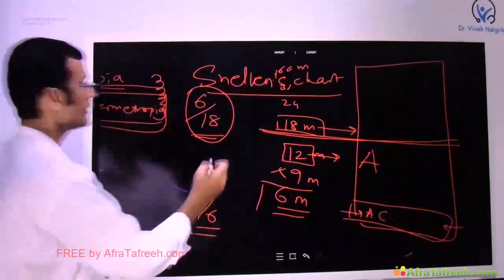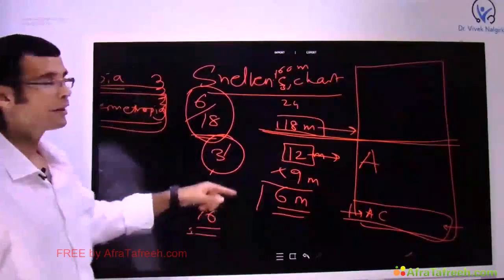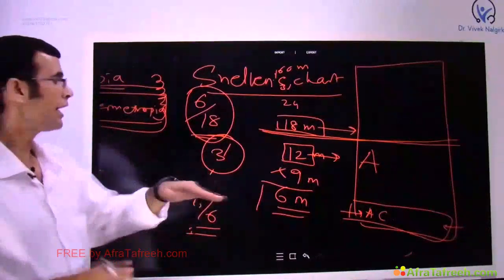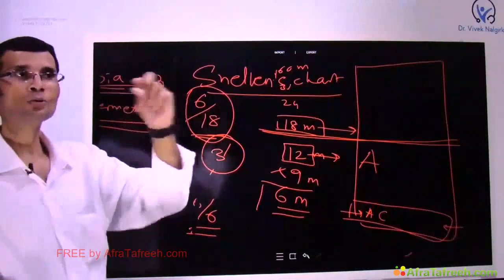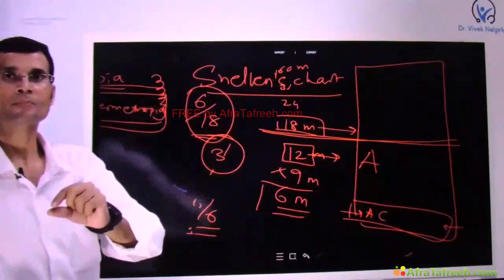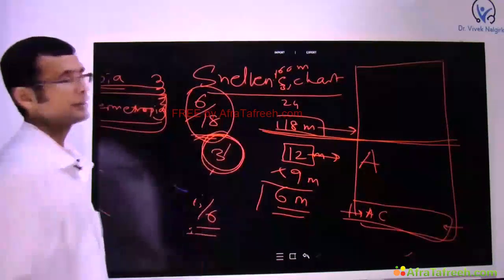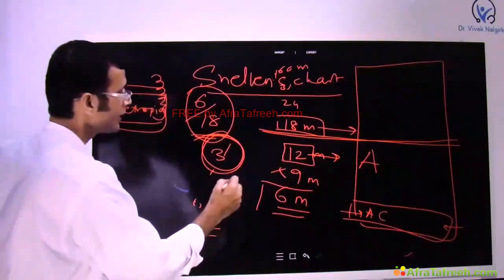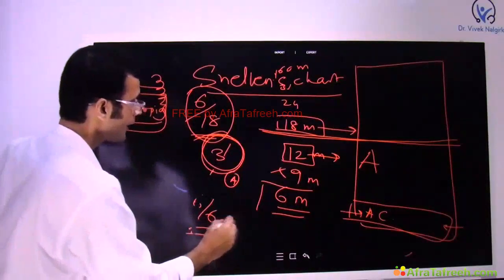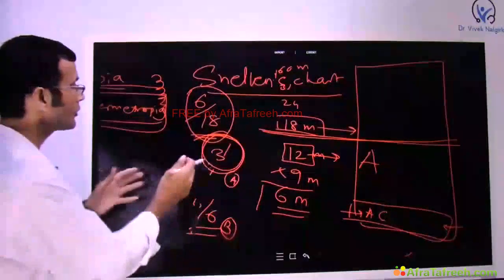That is 18 upon 6, that is 3 minutes. So for a normal person, the minimum separable is defined as two objects subtending an angle of at least 1 minute. Then they can be seen separately. This person, two objects will be seen clearly when they subtend a 3-minute angle or more. The minimum angle should be 3 minutes.